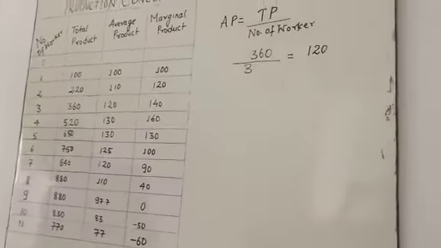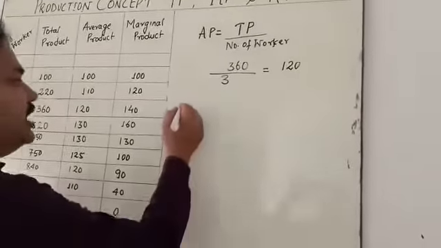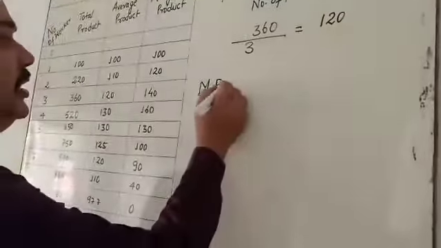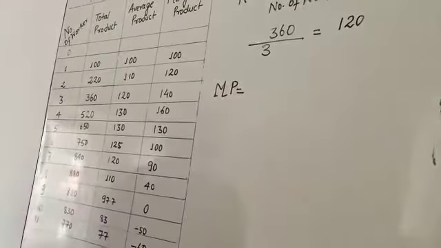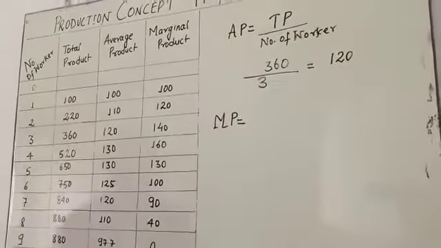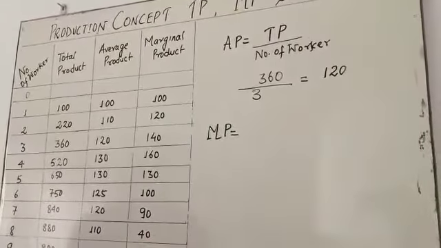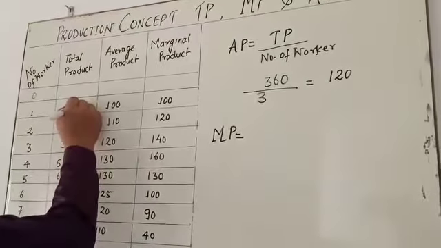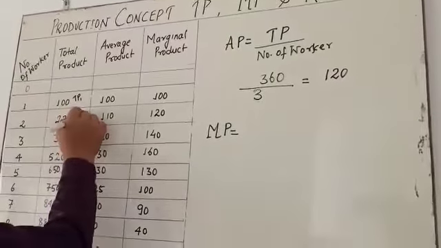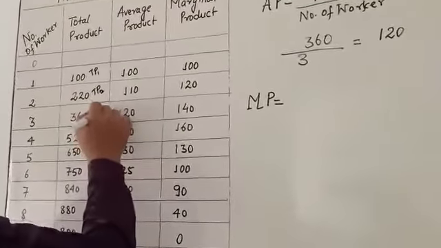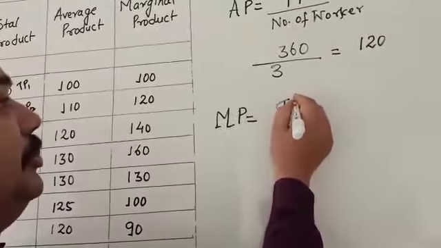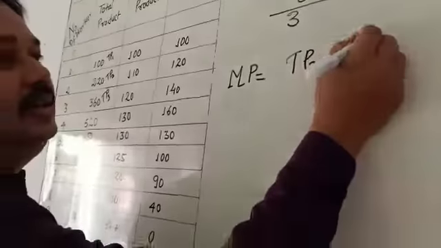How to calculate marginal product? That marginal product is called MP. My dear student, you have to calculate marginal product. Here you have to observe a simple formula. Suppose there are TP1, TP2, TP3. Suppose I am going to find this one: simply TP2 minus TP1.